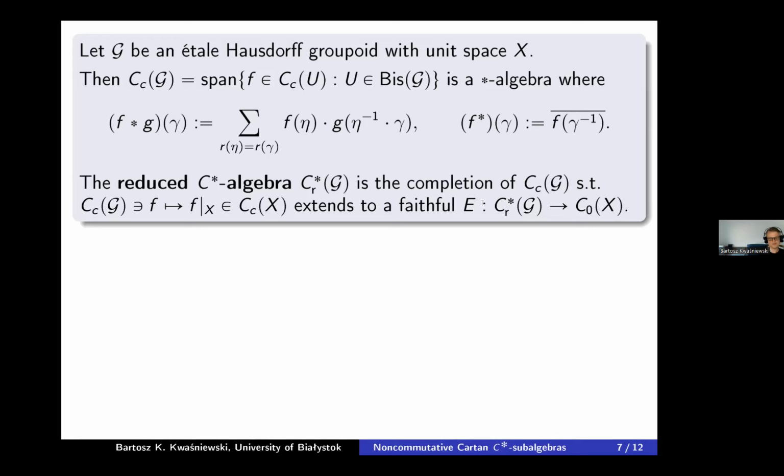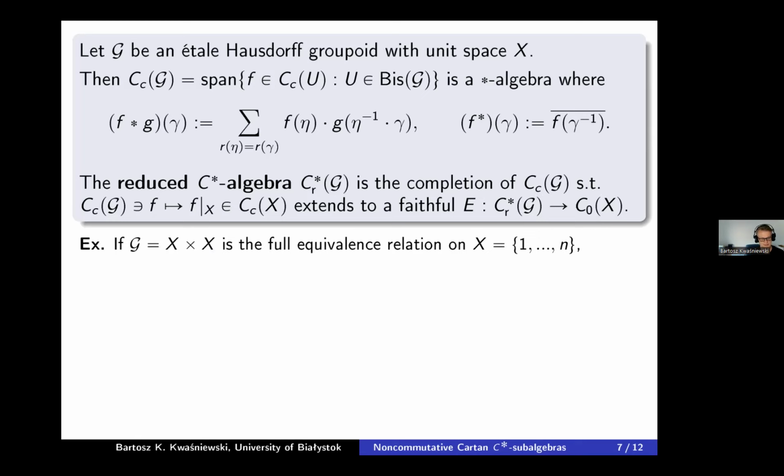So then by the very construction, we have this conditional expectation, which is faithful. These functions on X embed into this reduced crossed product as a subalgebra. And all these functions that live on bisections are normalizers for this inclusion of C_0(X) into the reduced groupoid C*-algebra. So again, this is a regular inclusion with a faithful conditional expectation. And when applied to the transformation groupoid for a group action, one would recover the reduced crossed product.